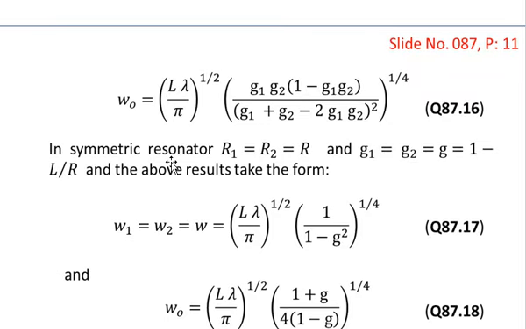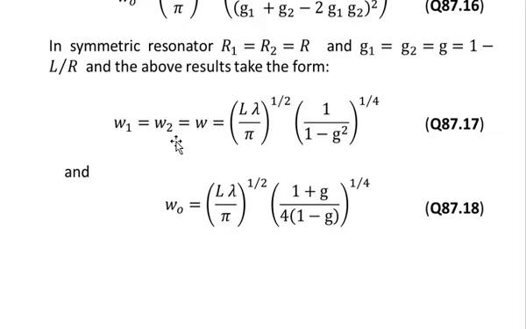In symmetric resonators, R1 is equal to R2 is equal to R, and g1 is equal to g2 is equal to g, because all these quantities are equal to 1 minus L over R. And the above results now take the form: w1 will be equal to w2 is equal to w is equal to square root of lambda L divided by pi, and then we have 1 minus g square whole raised to power 1 over 4, and for w naught we have square root of lambda L divided by pi, and then we have 1 plus g divided by 4 times 1 minus g whole term raised to power 1 over 4.